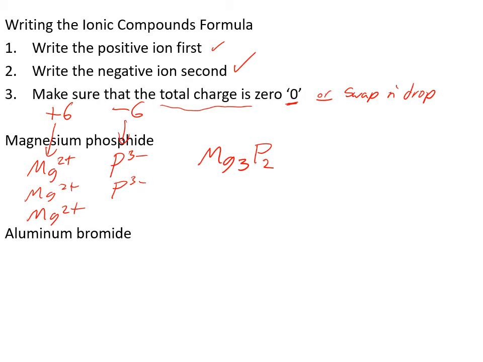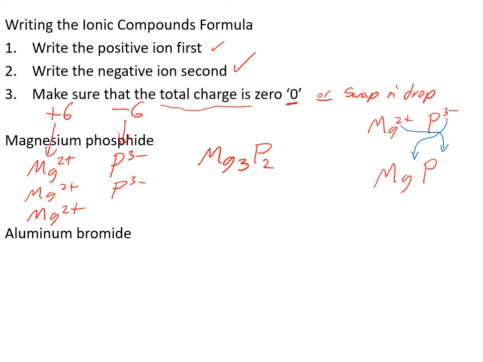The swap and drop method just says this. Mg2 plus, P3 minus. I write it down below: Mg and then P. I take just the 3, swap it and drop it down there. The same thing with the 2, I swap it and drop it down there.